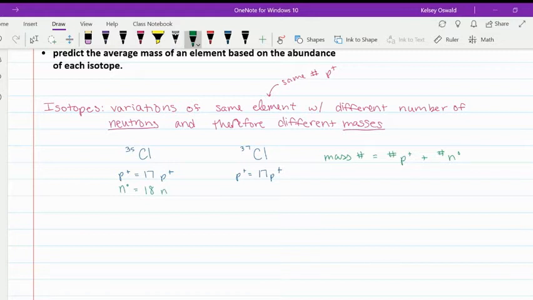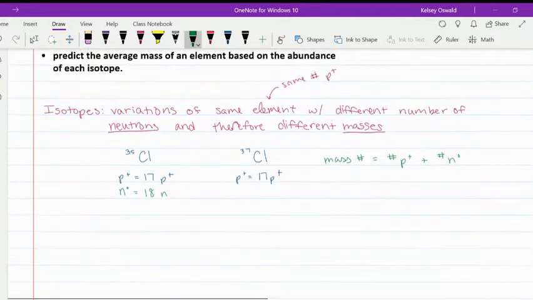So we need to have 18 neutrons in Cl35. However, if we look at Cl37, now our total mass is 37, 17 of which comes from our protons. So that means this one would need to have 20 neutrons. So we can see each of these have the same number of protons but different neutrons.